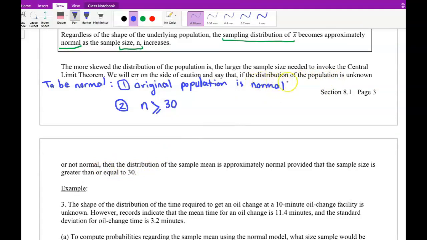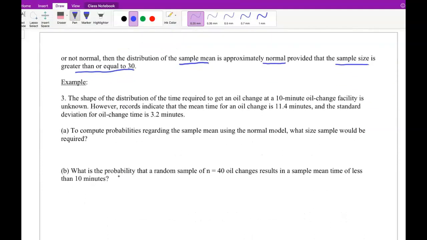So if the distribution of the population is unknown or is not normal, then the distribution of the sample mean is approximately normal, provided that the sample size is greater than or equal to 30. So we're going to use that later.